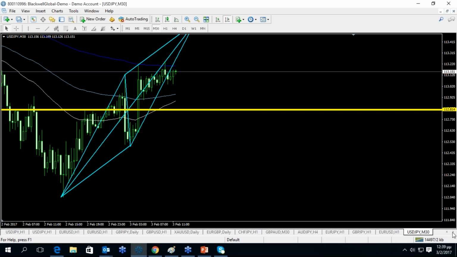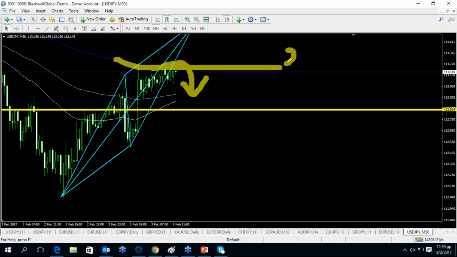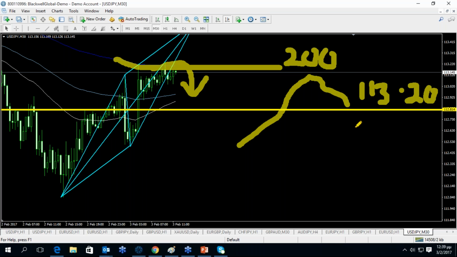So anytime soon, based on the 30 minutes chart, prices might be looking at a downward move. That 200 moving average here is matching with the 113.20 side number. So prices anytime soon will be looking at reversing, because these are risk areas. So it's not really clear, not really a good time at this moment of time.